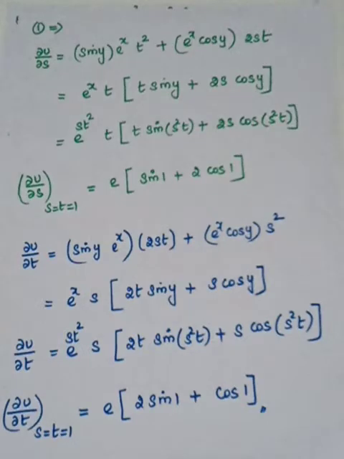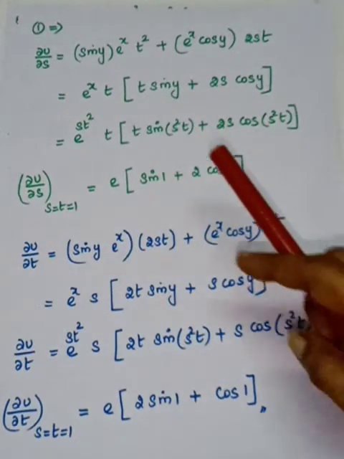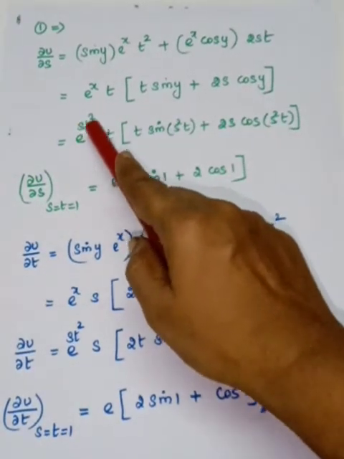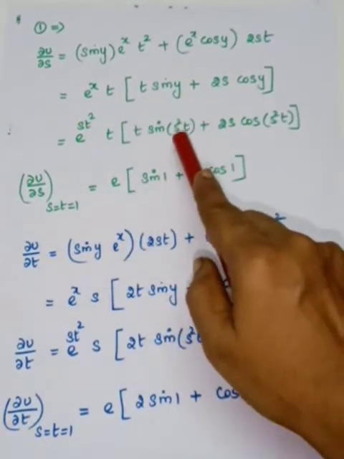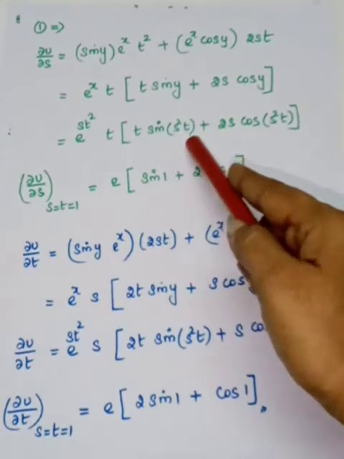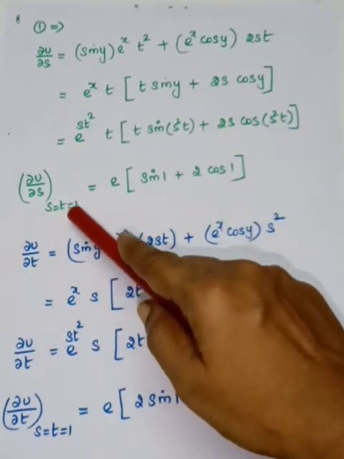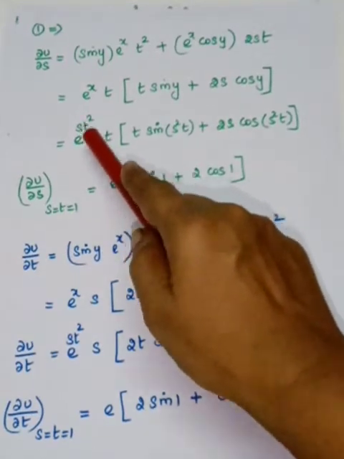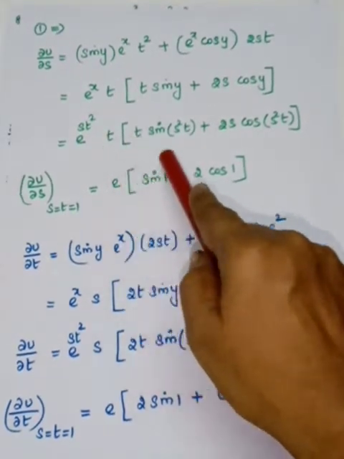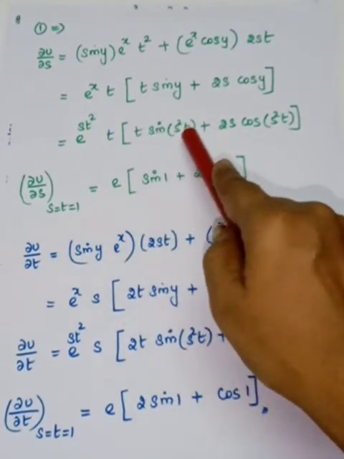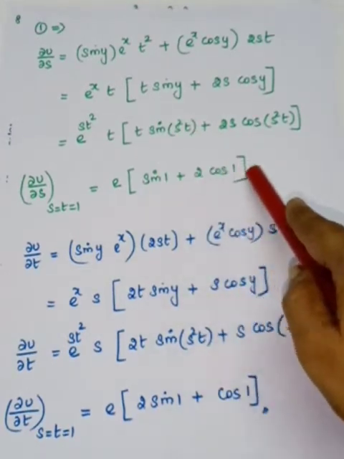So x and y have to be substituted. In the place of x you substitute st², and in the place of y it is s²t. Okay, so when you substitute and evaluate at s = t = 1, it is e into 1, here 1 into sin 1. So sin 1 plus 2 cos 1.